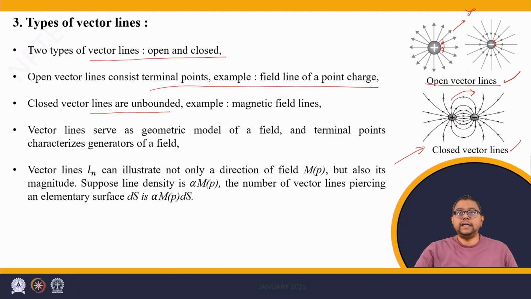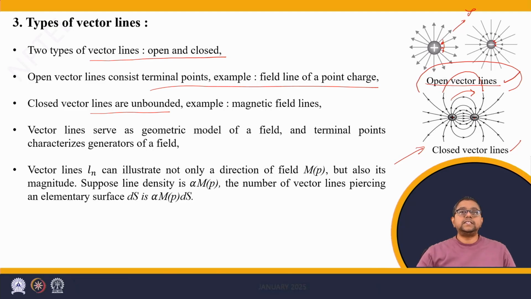The magnetic field lines diverge from the positive pole and converge in the negative pole. They form a closed loop. Even if it is not able to be shown in this limited space, the lines which are diverging out would form a closed loop. So these are examples of closed vector lines.